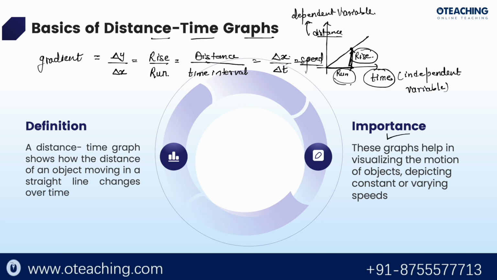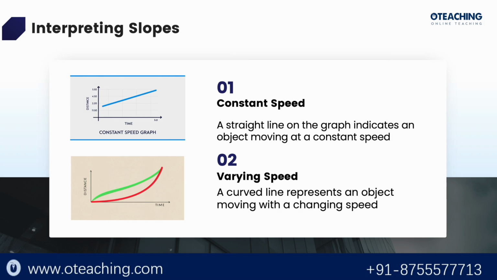So from the distance time graph, we will calculate its gradient and we will get the speed from it. This is an important point which you need to remember, that from the distance time graph you will get the speed. Let's just move ahead. Here we'll start with rest.